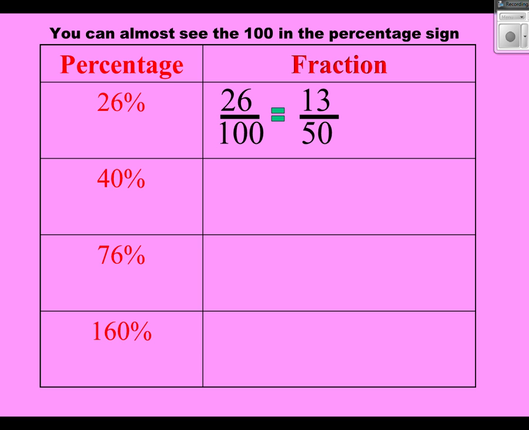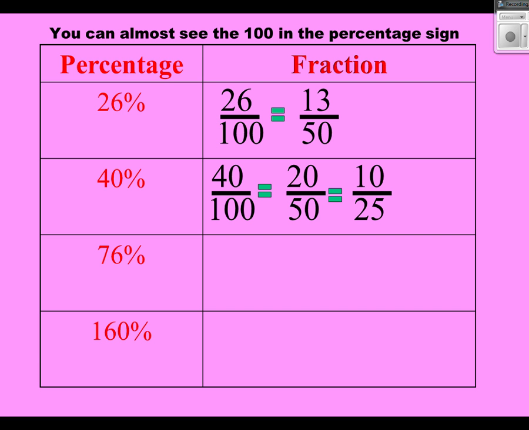40% means 40 hundredths. Then reduce this any way you want. I divided by 2 here and got 20/50ths, and then you can divide by 2 again and get 10/25ths. At this point, you're still not in lowest terms, so divide by what number? Yes, you are correct. Divide by 5.